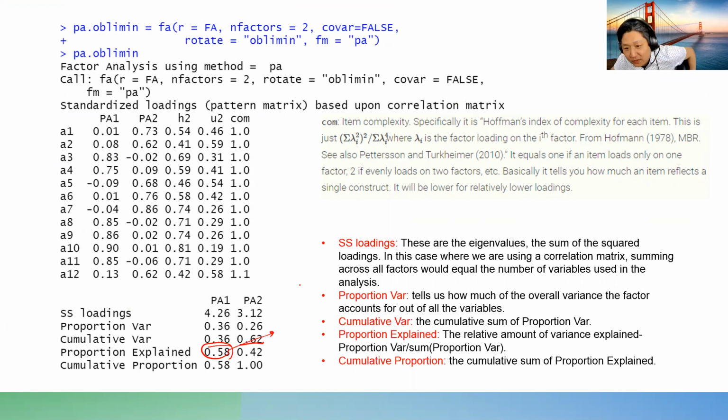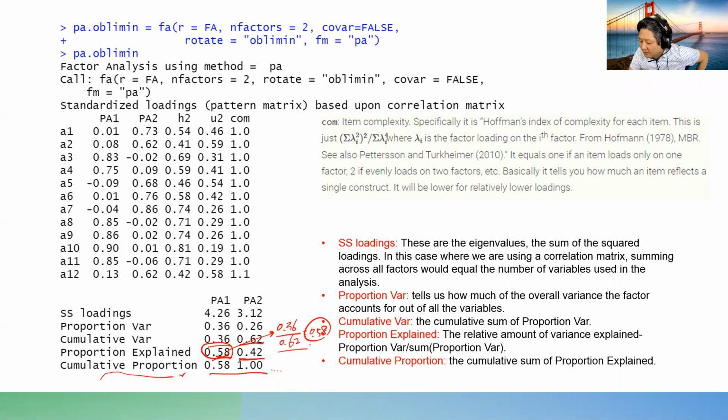This is a relative proportion. So that is 0.58, and the rest is the proportion of the second factor. And then this is a cumulative proportion.